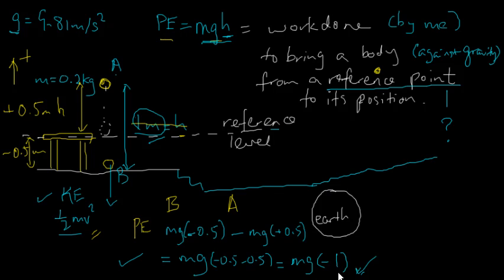But when you subtract them, you end up with the same answer. So having a different reference level will still give you the same change in potential energy when the ball moves from one position to another position. So we think of the potential energy as a means of calculating kinetic energy.